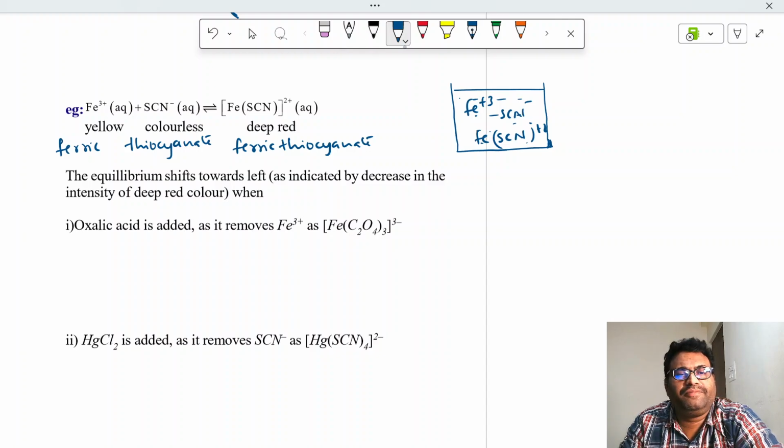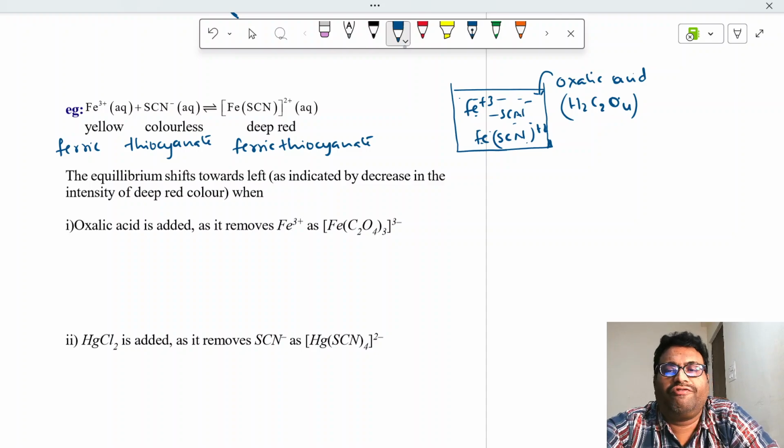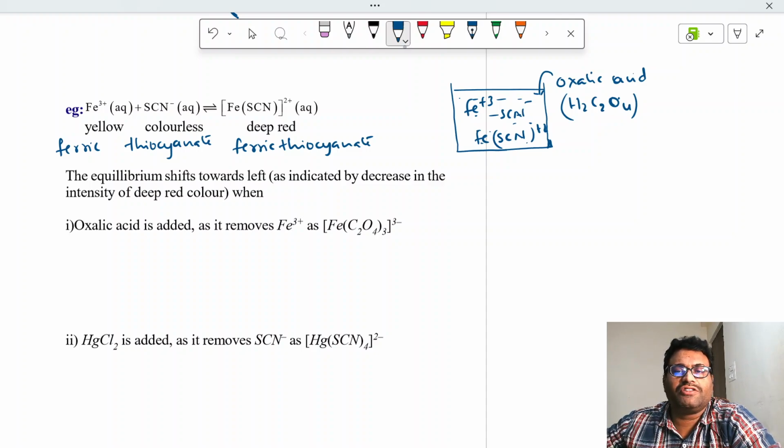Now, into this I am adding oxalic acid. The formula of oxalic acid is H2C2O4.